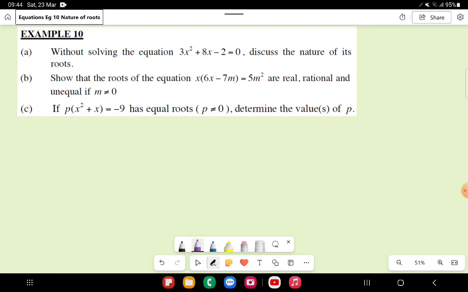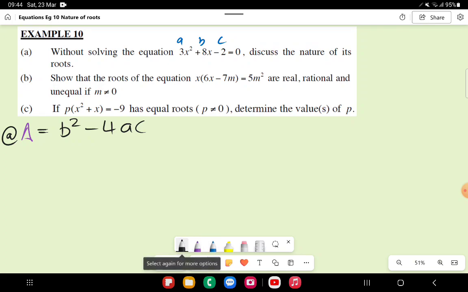This means that you are going to use delta, and you are going to say that delta, okay, we're writing in purple, delta is equal to b squared minus 4ac. This is question A. Now we are going to substitute, and you know that the values here, this is A, this is B, and that's C. So let's substitute.